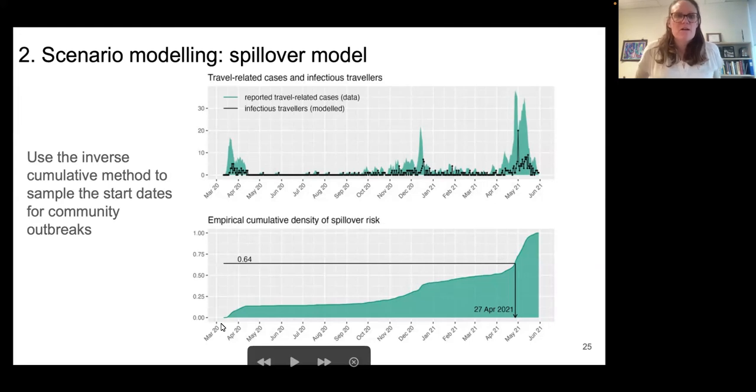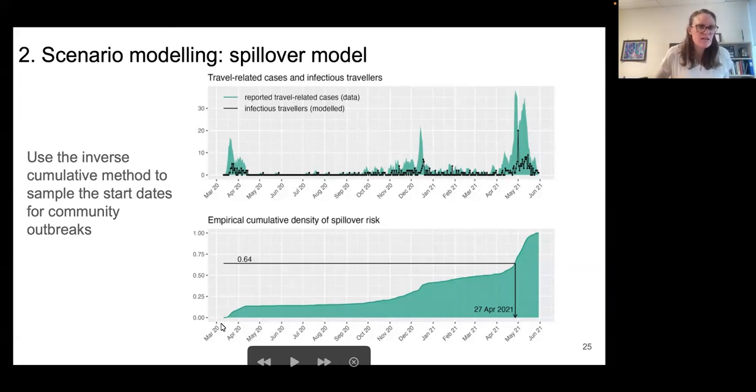If you make that assumption, then you get the green graph, which reflects what potential there is for an infectious traveler to enter the community. To do the spillover model, you need to come up with dates for when the spillovers happen. So that's one idea, that travelers are infectious for 5 days before they're reported as a case.